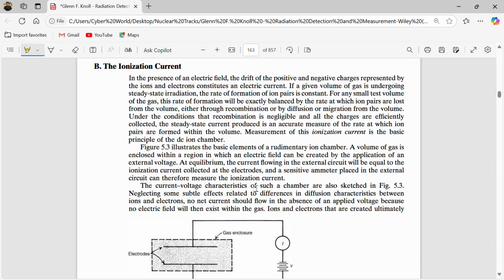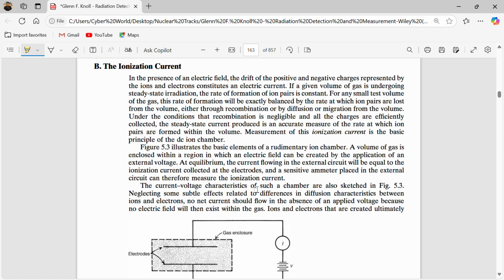So our final topic of today's lecture is the ionization current. So what is ionization current? In the presence of an electric field, we know the gas is ionized, because when a charged particle comes and interacts with the ionization chamber having gas inside, they produce ion pairs either by excitation or ionization, or by recombination or other processes.